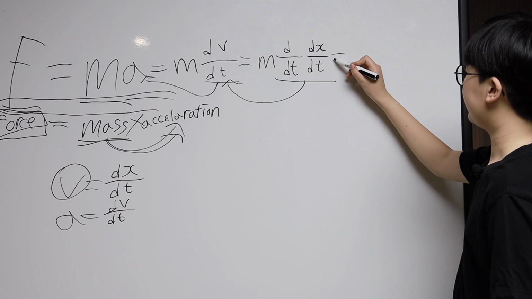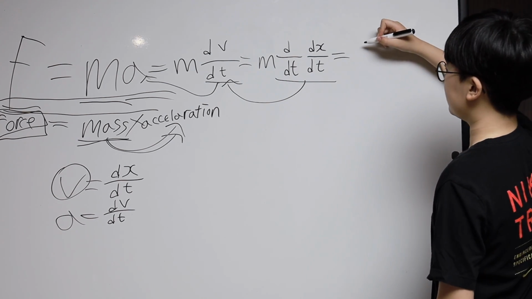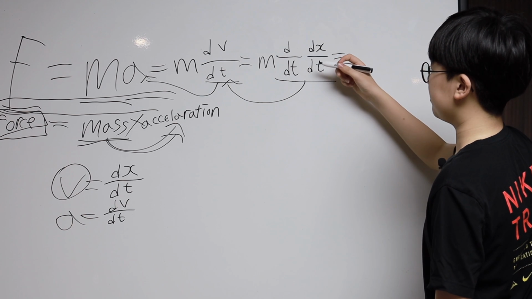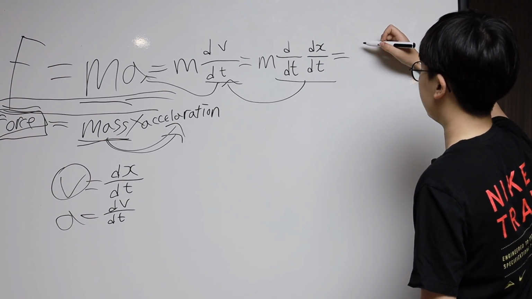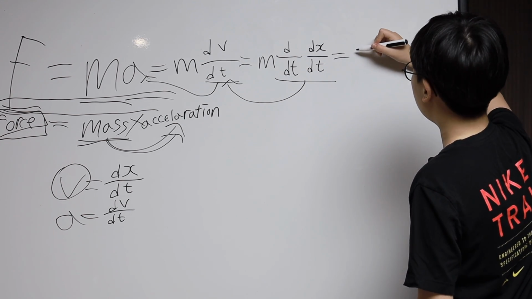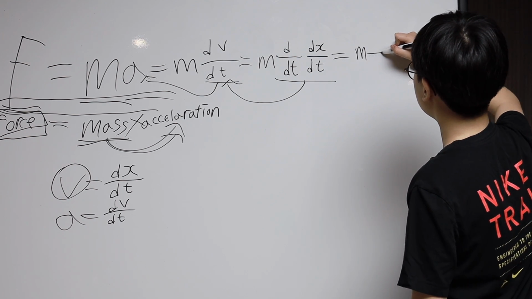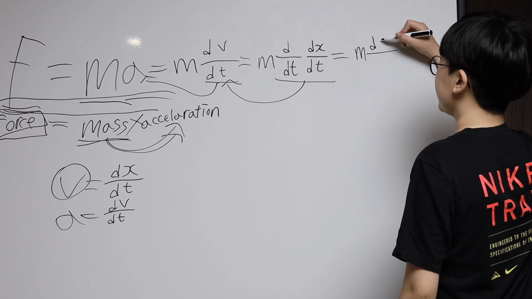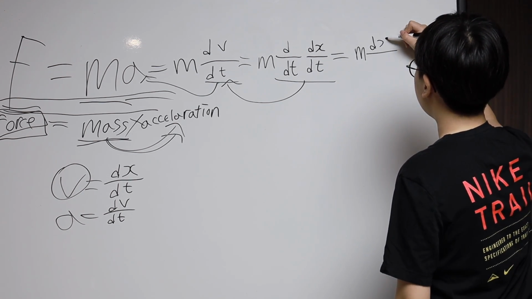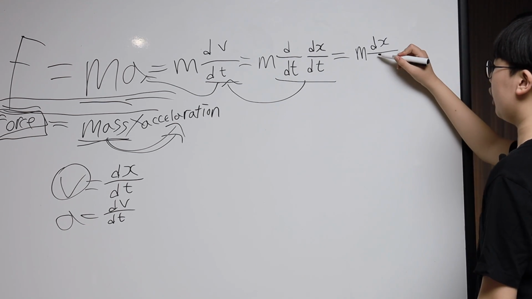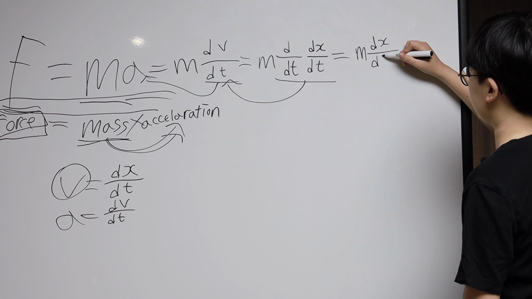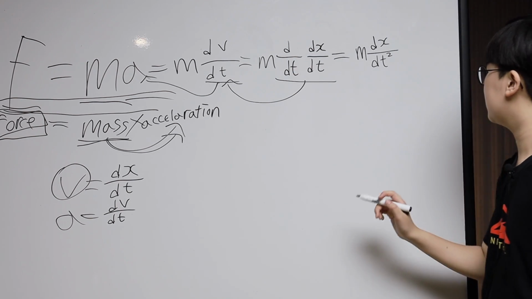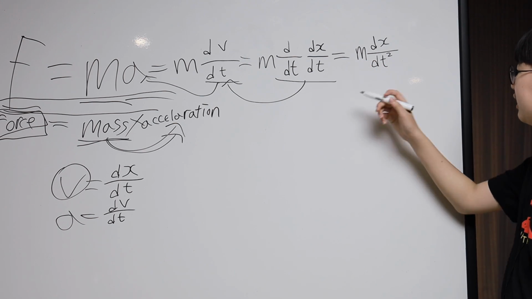So now what we can see is m times difference of distance over the difference of time squared, because there's two t's. It's squared, they're multiplied.